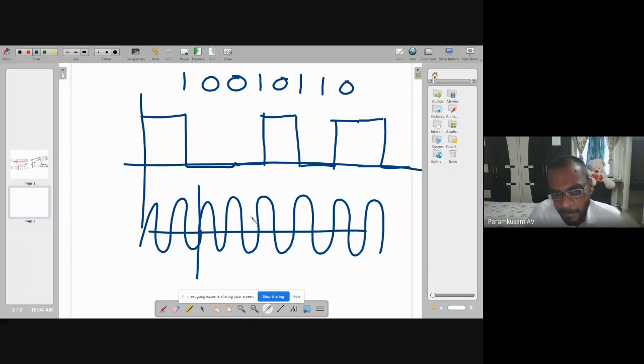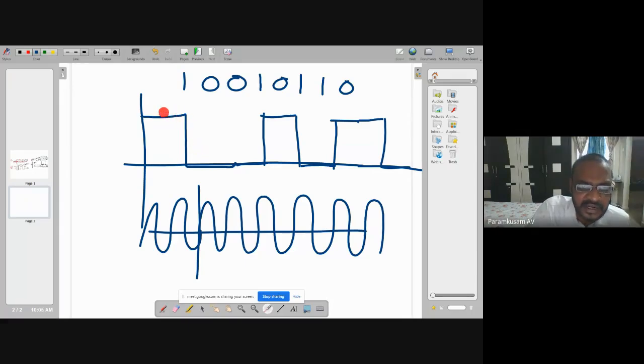If the amplitude of the signal is varied according to the value of the digital signal, the digital signal has only two values, either 1 or 0. 1 is represented by suppose 5 volts and 0 by 0 volts.